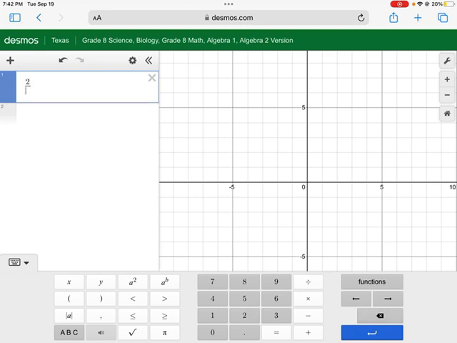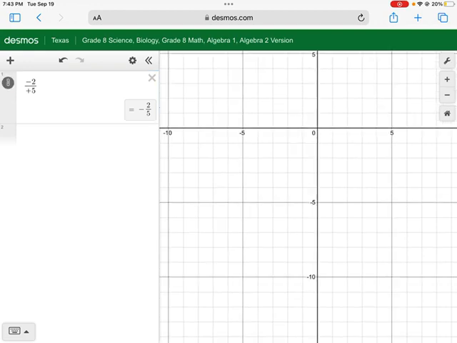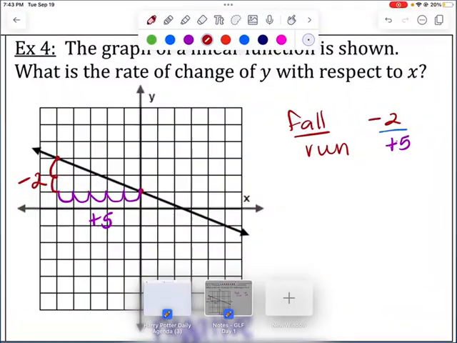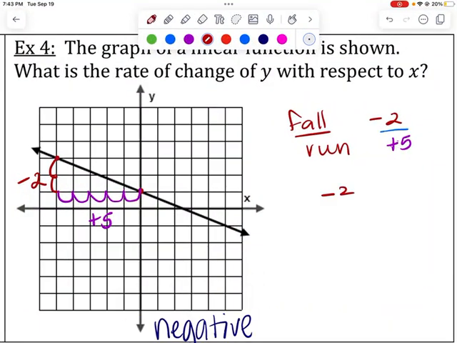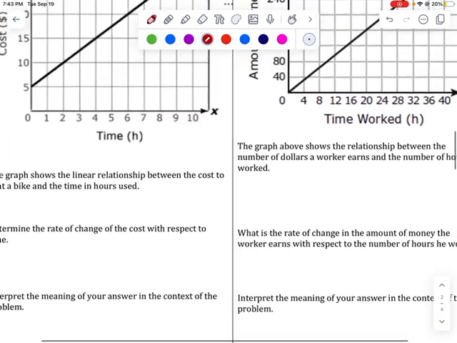Make sure you don't put negative 2 over 5 and then use the negative there, because that's going to look wonky. I could also put the negative up here, just like in our problem, and I could put a positive down here, but it's still giving me the same result. So that's why immediately I just go negative 2 over 5. You don't need to put positive 5 if it's already positive. Okay. So negative 2 over 5 was just negative 2 over 5. We're done there.